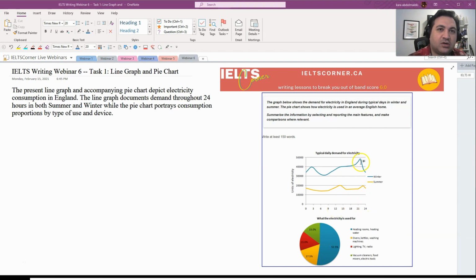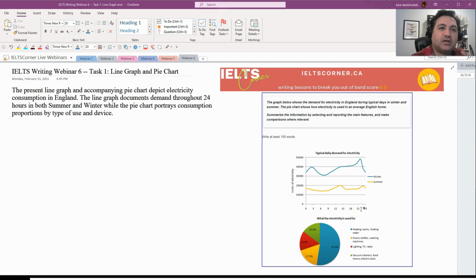So peak for winter hours, or for days during the winter, is between 9 p.m. and midnight. Somewhere there between probably 10:30. It's not very clear exactly when, so we call it before midnight, right? Or late evening hours. 21 to 24, 9 p.m. to midnight, that's late evening hours.